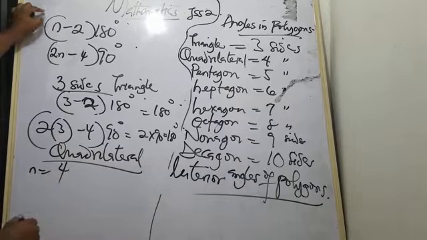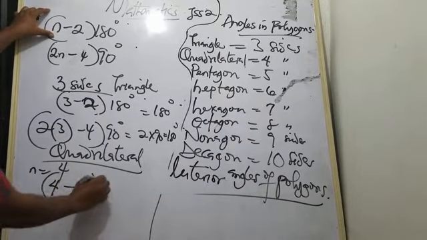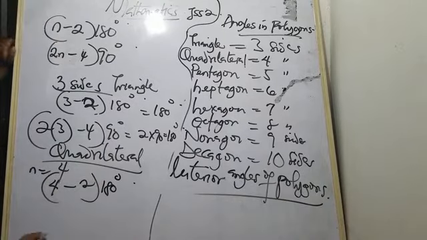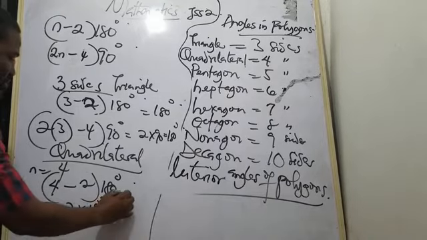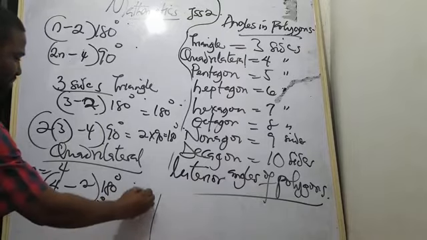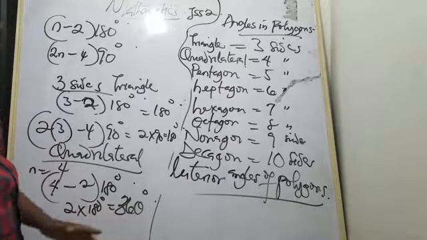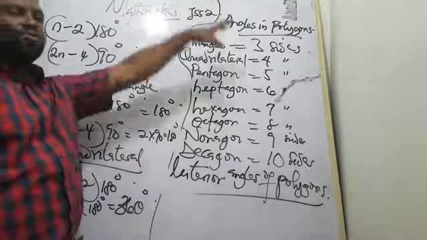We have 4 minus 2, times 180 degrees. So 4 minus 2 is 2, times 180 degrees. So what do we have? 360 degrees.